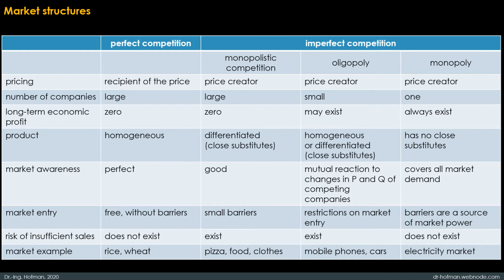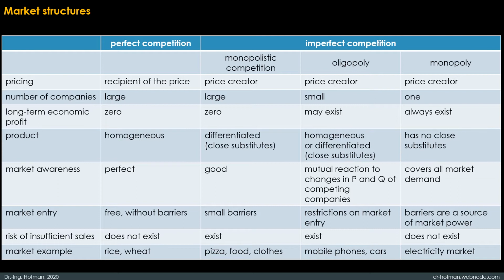There may exist long-term economic profit in oligopoly case, and in monopoly there always exists a long-term economic profit. By the product, in perfect competition the product is homogeneous, so the large number of companies in one industry create the homogeneous production. It means that the products are completely the same.